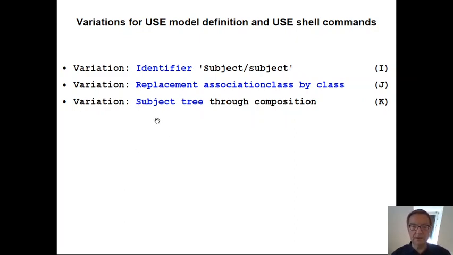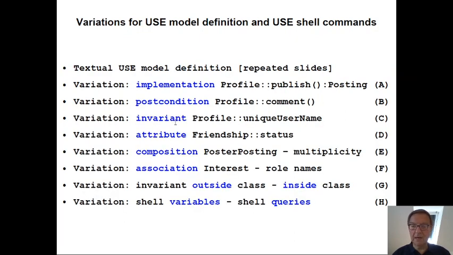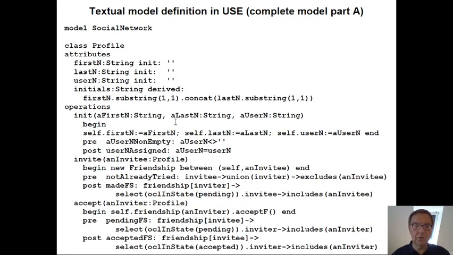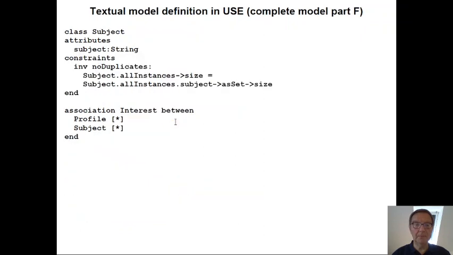So opera and horses were subjects, and we will discuss here a particular way to bring order into the subjects by building a tree structure there with a more general notion and a more special notion. So these are the groups of variations that we will discuss, and let's go through them one by one.